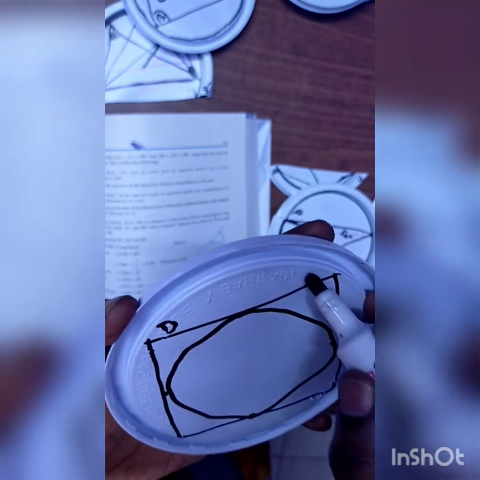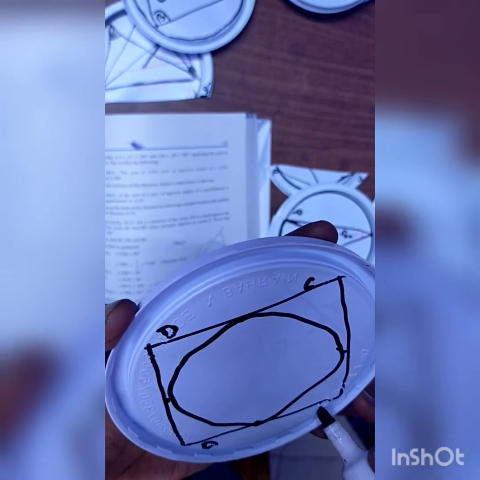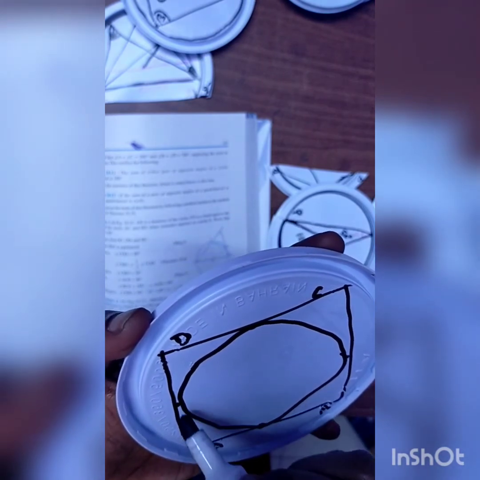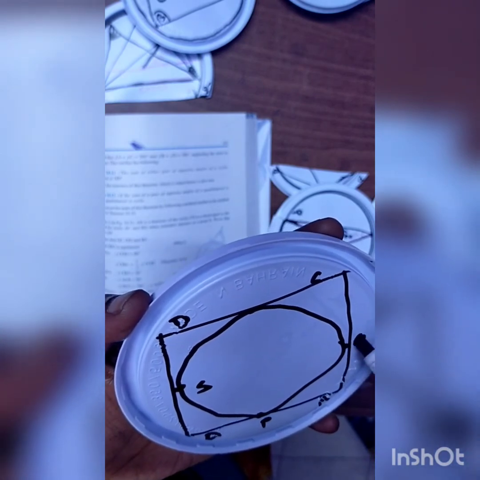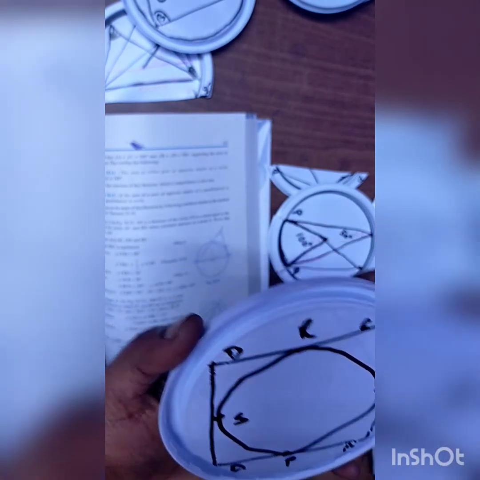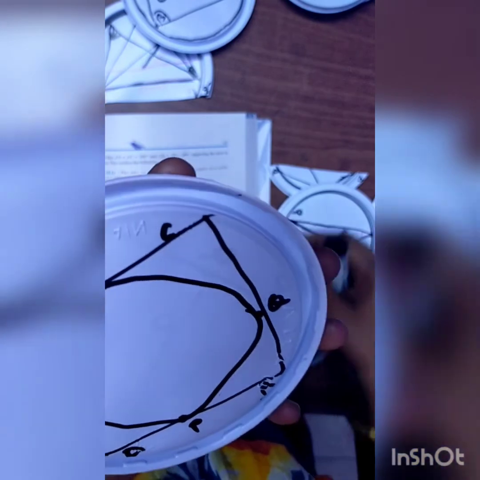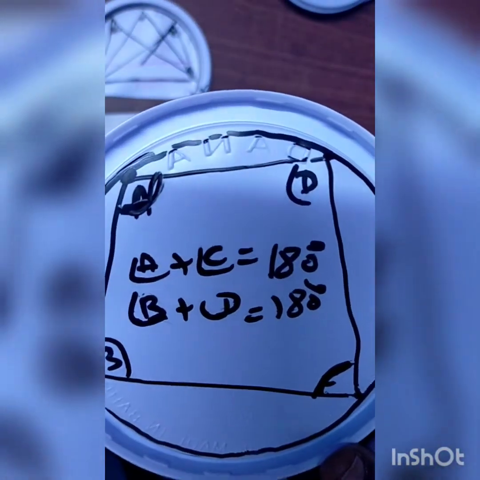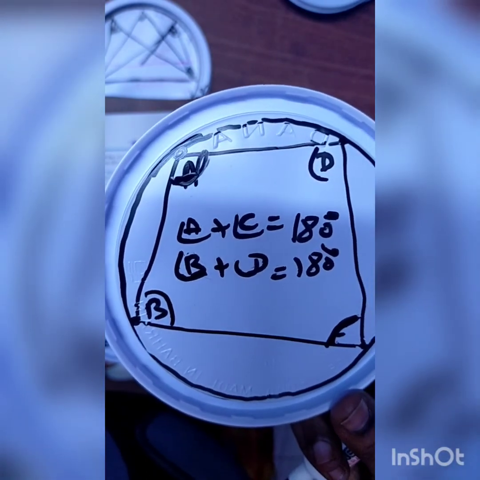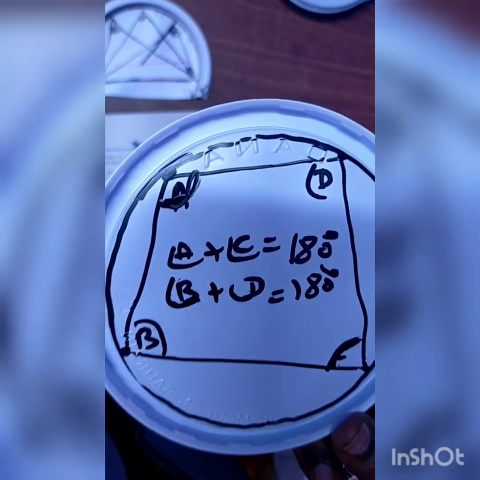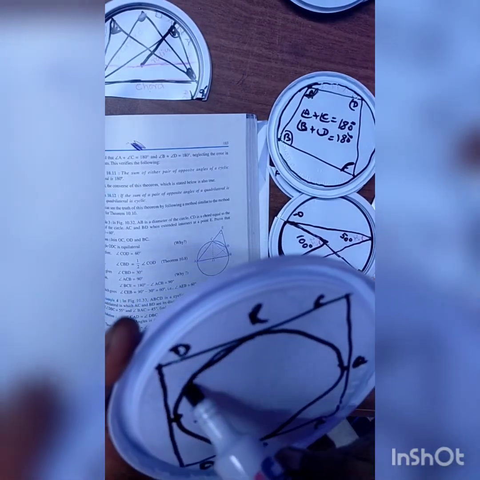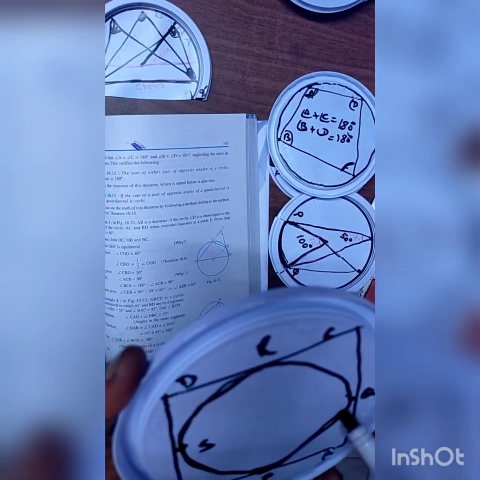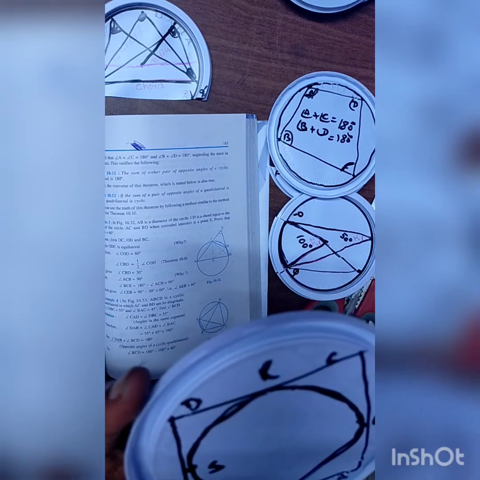And I am naming the quadrilateral ABCD, and this is my circle PQRS. See the difference children? Here we have a circle. Inside the circle we have a quadrilateral. Here it is in the other way. We have a quadrilateral. Then inside we have a circle.